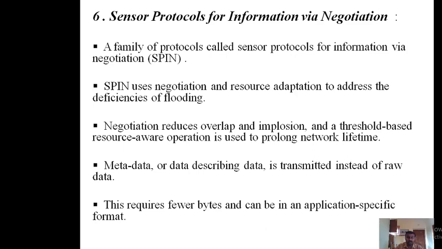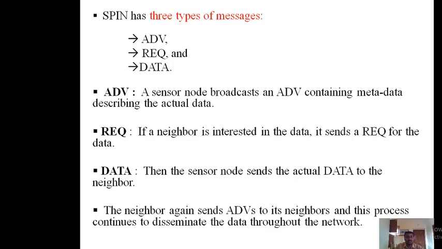Then SPIN has three different types of messaging techniques. Those are ADV, first one, REQ, second one, and the third one is data. Then what is the first type of message? ADV. ADV means a sensor node broadcasts an ADV message containing metadata describing the actual data.